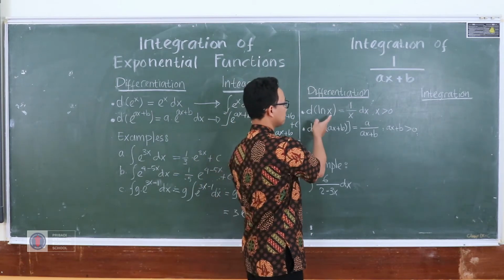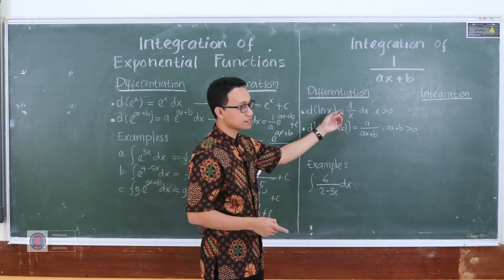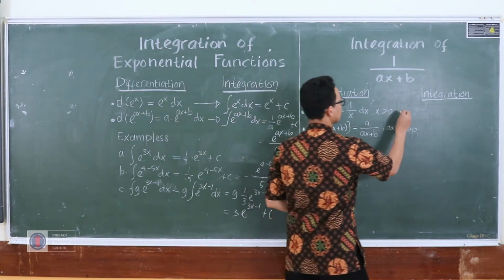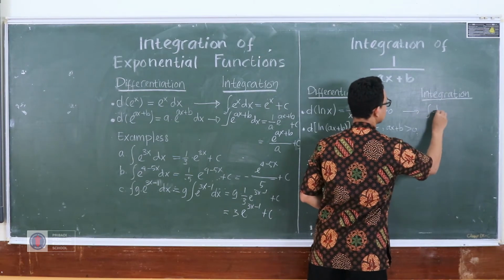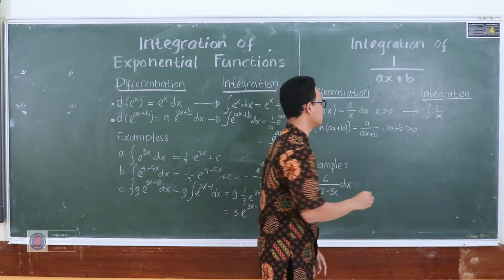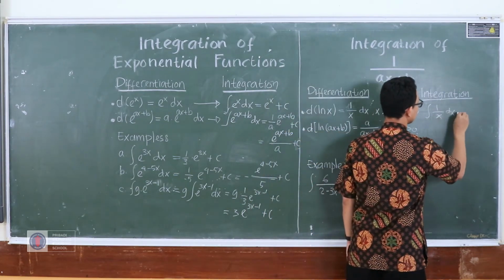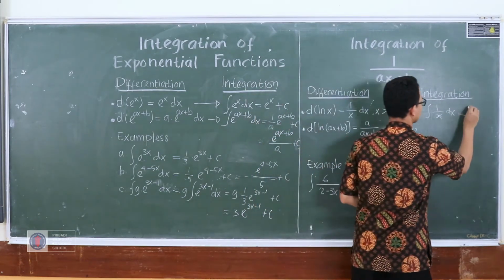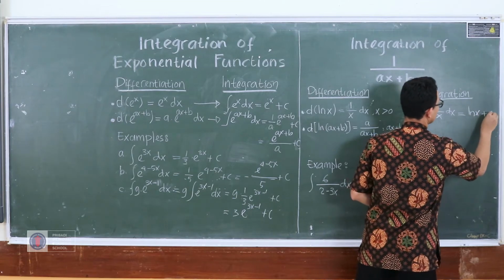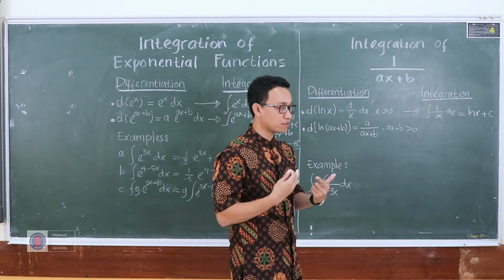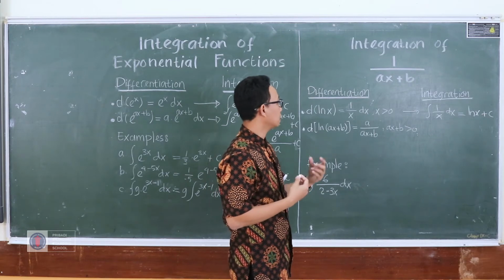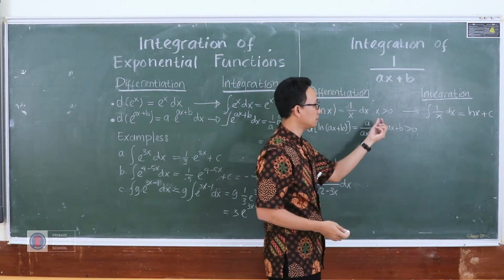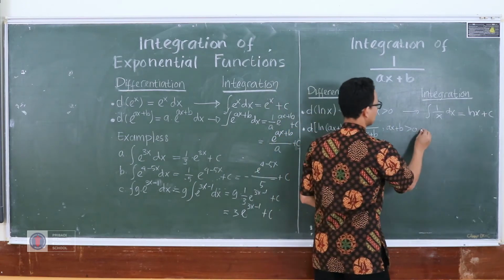And then, how to find the integration of 1 over ax plus b? Firstly, we need to find the integration of 1 over x first, the simple one. So the integration of 1 over x dx will be ln x, right? You know that integration is just the opposite operation of differentiation, with the same definition, x should be positive.